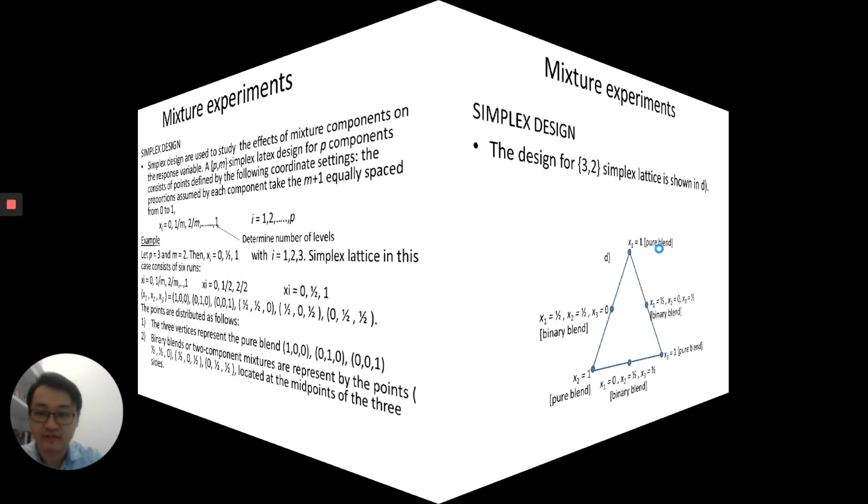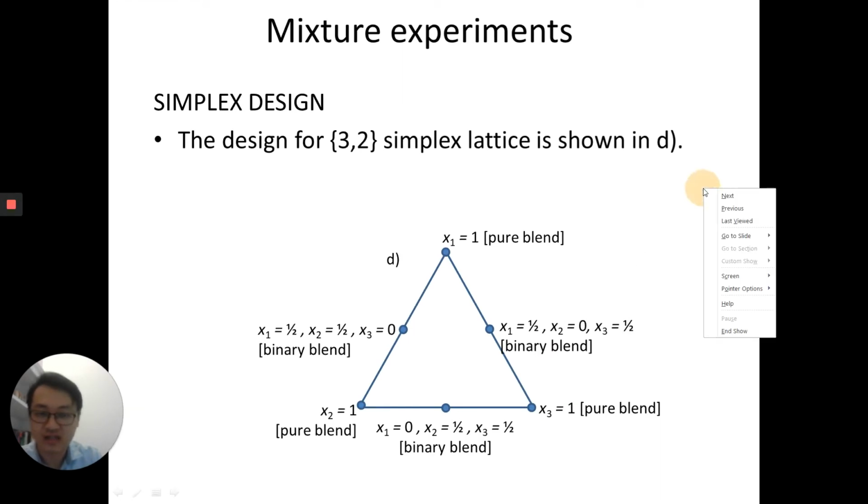Okay, this is how the simplex design for P equal to 3 and m equal to 2 looks like. So from here, you will have 0.5 here and 0, and the pure blend is 1.